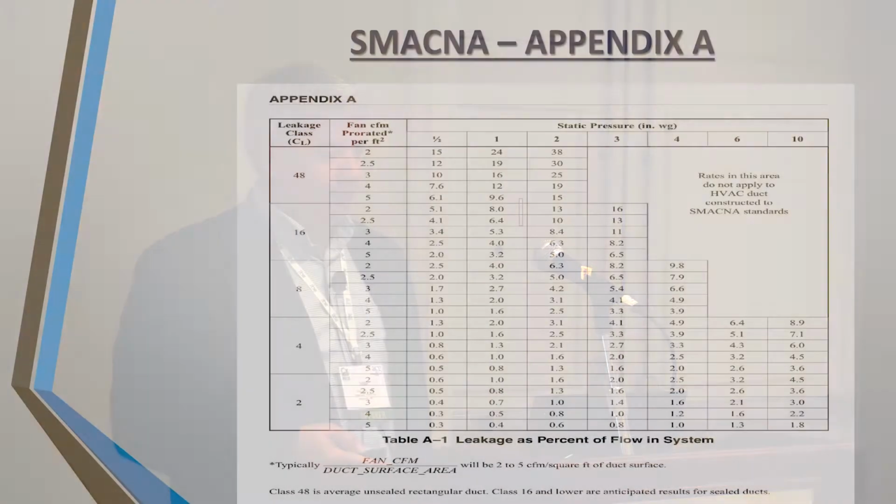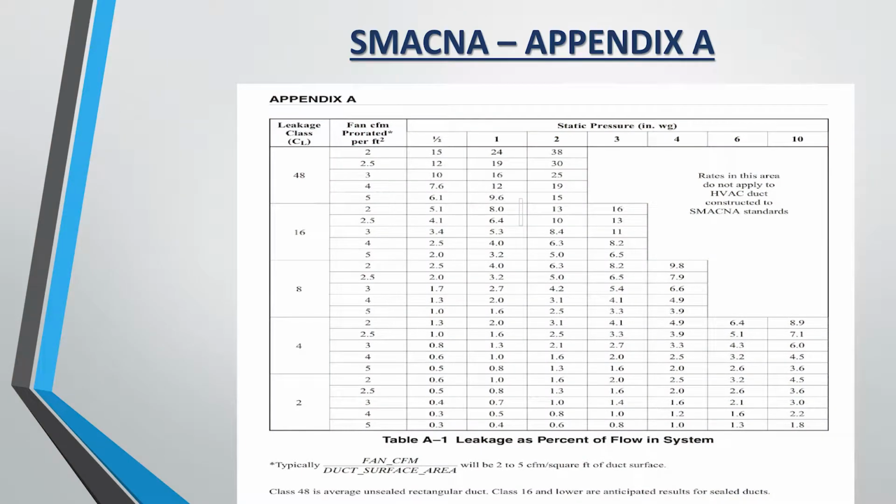So if we go beyond that, the SMACNA appendix, they're going to give you a leakage class on the left-hand side. Of course, the top class there is 48. That allows it to leak the most. If you look across there, you'll see half, 1, 2 inches. There's numbers out there in the middle of here. If I can point this, all these numbers right in here, they're all percentage of leakage.